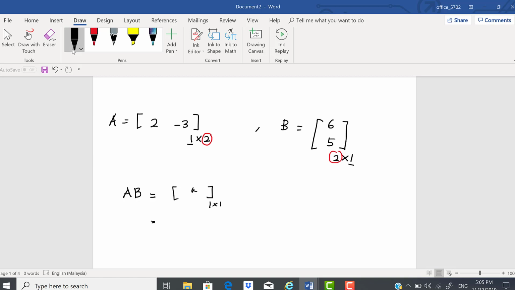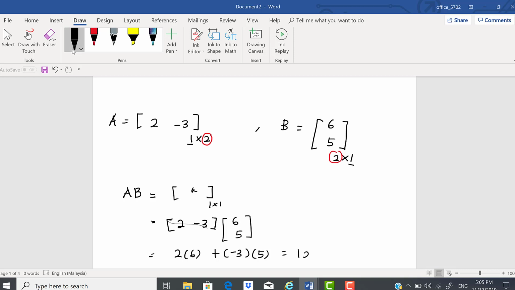So how to get the value? It is 2 and negative 3 times 6 and 5. So it's equal to 2 times 6 plus negative 3 times 5.